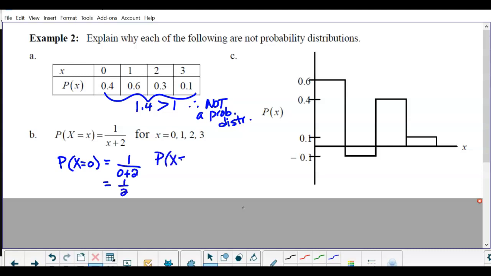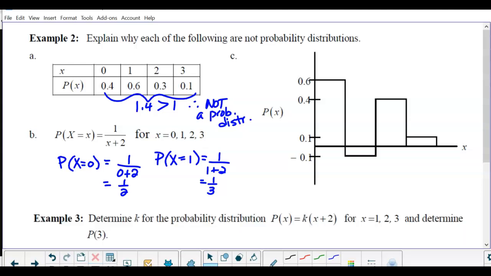Probability of x equals 1 will be 1 over 1 plus 2, which is 1/3. Probability of x equals 2: 1 over 2 plus 2 is 1/4. Probability of x equals 3 is 1 over 3 plus 2 is 1/5.